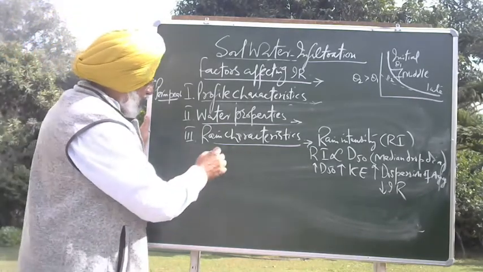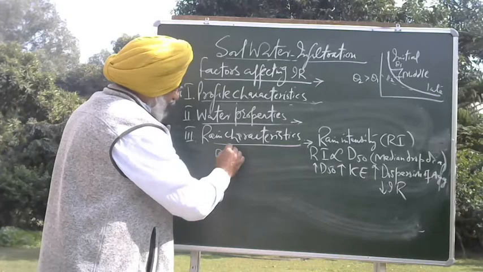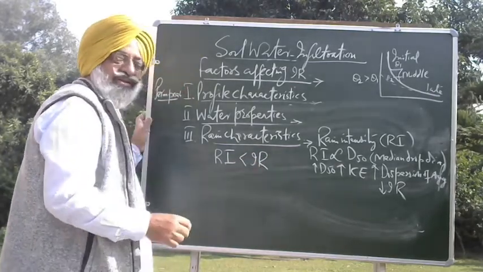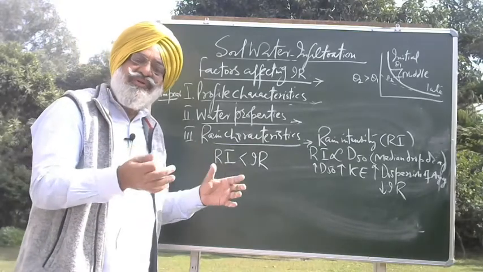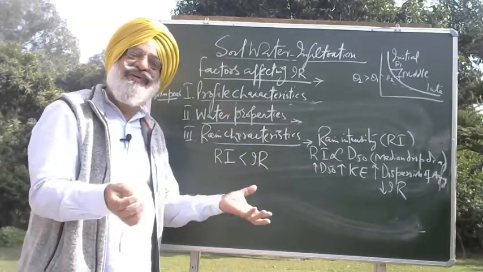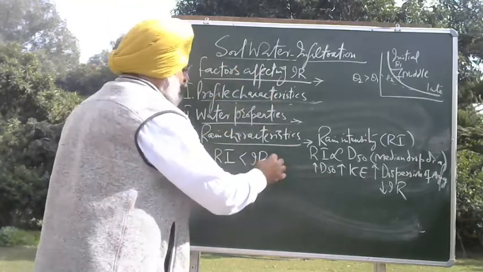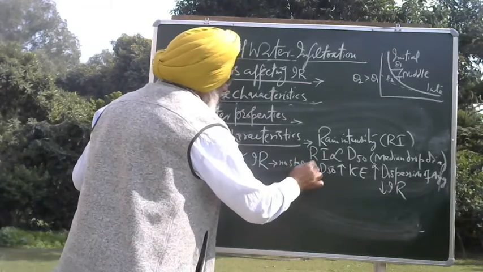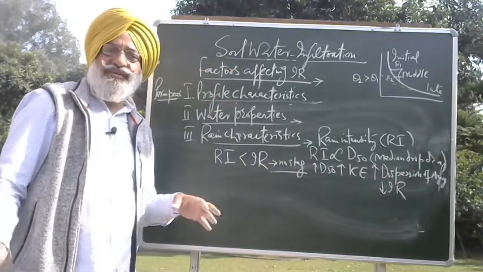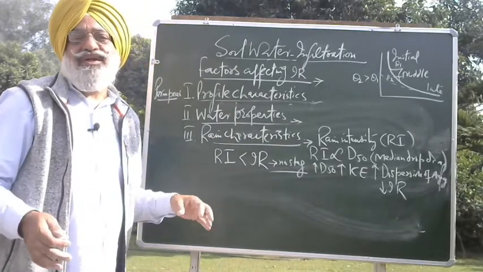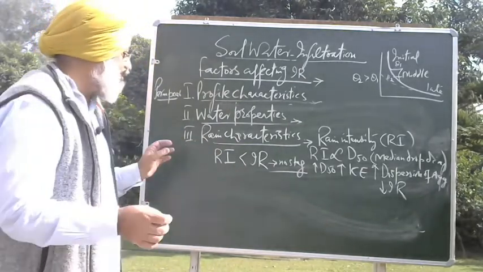Then again, it depends on whether your rain intensity is less than the infiltration rate. That means the speed with which water is falling on the soil surface is less than the speed with which water is entering into the soil, so there will be no stagnation. It is expected that all of the rainwater will infiltrate into the soil. This is good, our profile becomes recharged.